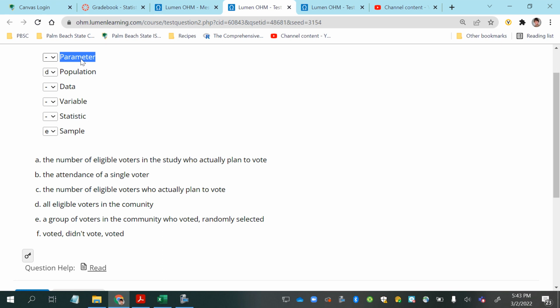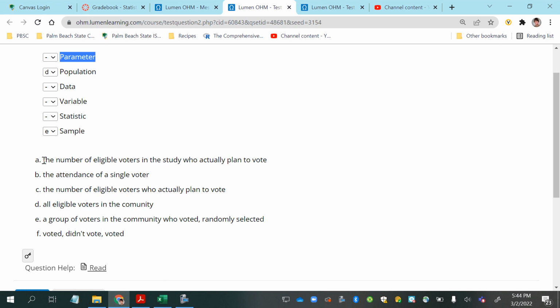Anything like that would be considered a parameter if it's coming from the entire population. Similarly, a statistic is what you would call one of those things if it was coming from only a subgroup of the population. So now we're going to look for a metric that refers to the population and a metric that refers to a subgroup of the population.